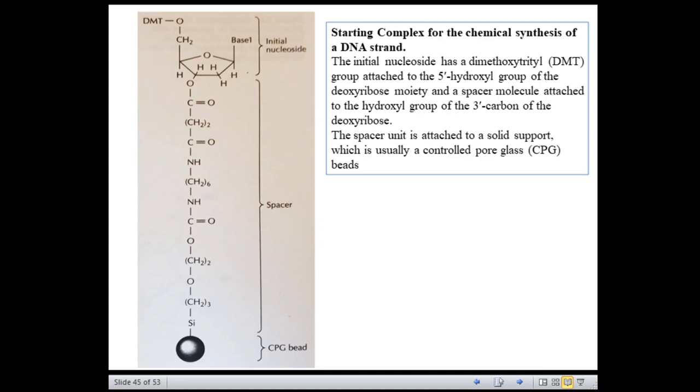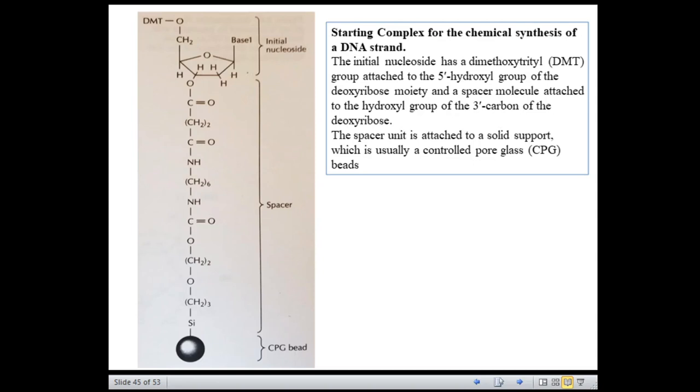Now what happens? If you look at the 5' position, we have the DMT. DMT refers to the dimethoxytrityl group. So a DMT has been attached to the 5' terminus of the initial nucleoside.